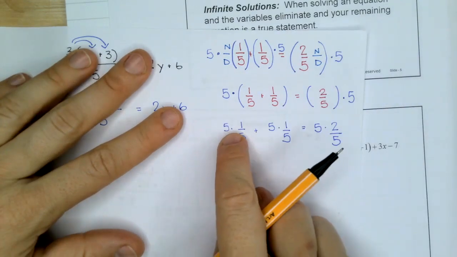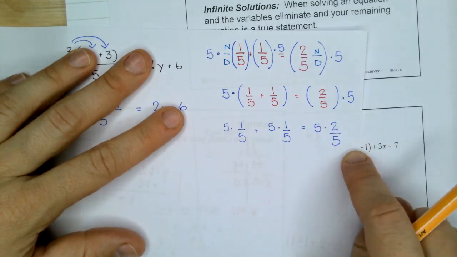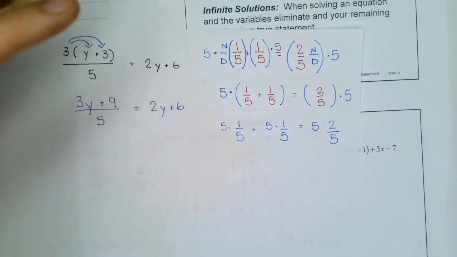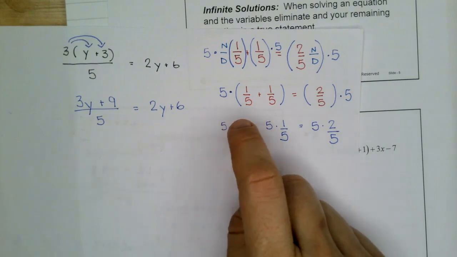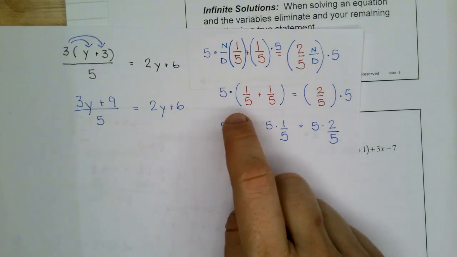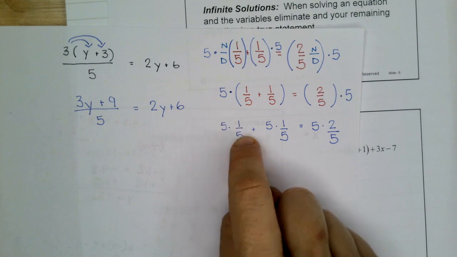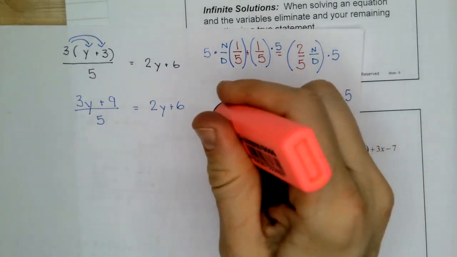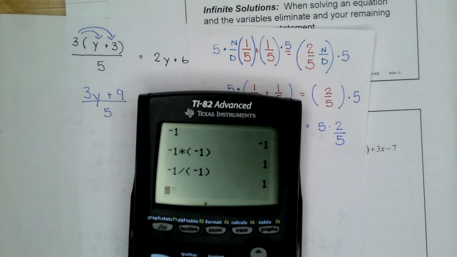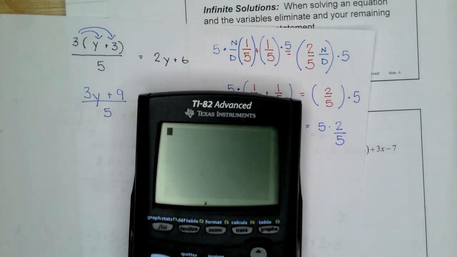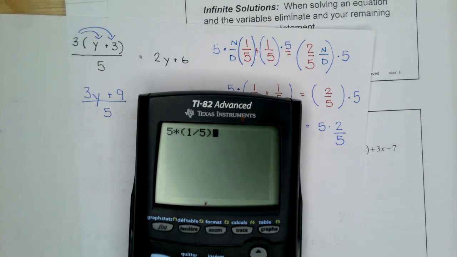So I wanted to get rid of these fractions because I don't like fractions. It's easier without them. And when you multiply a number that's being divided by 5, the bottom goes away. 5 times 1/5 is 1.